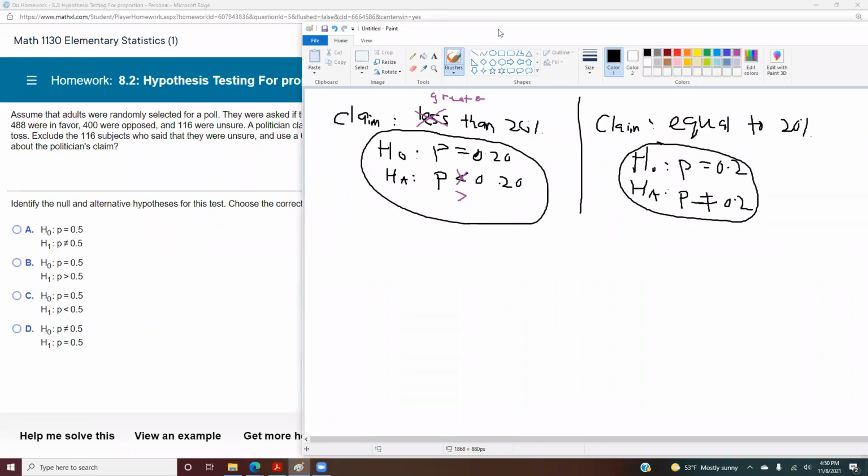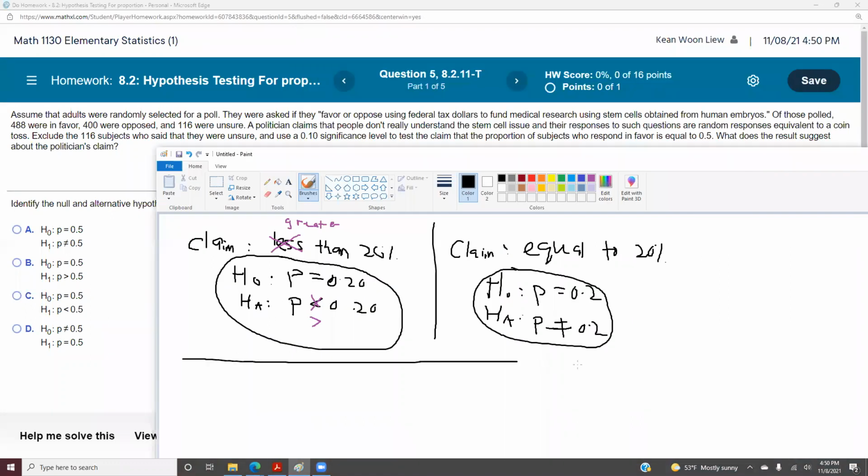You need to figure out what your hypothesis test is in this case, the null and the alternative. This is 8.2. Where is the claim statement when you read this question?